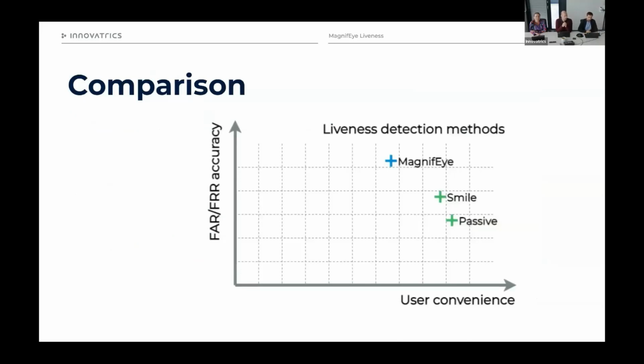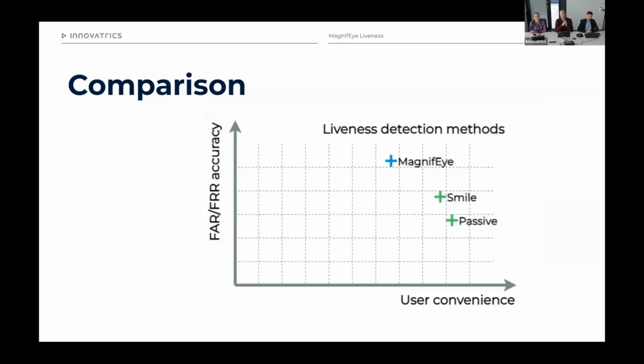If we compare the different liveness methods between them, we can see that MagnifEye is ranking high above with the false accept to false reject accuracy, allowing it to be used for high security requirement use cases.